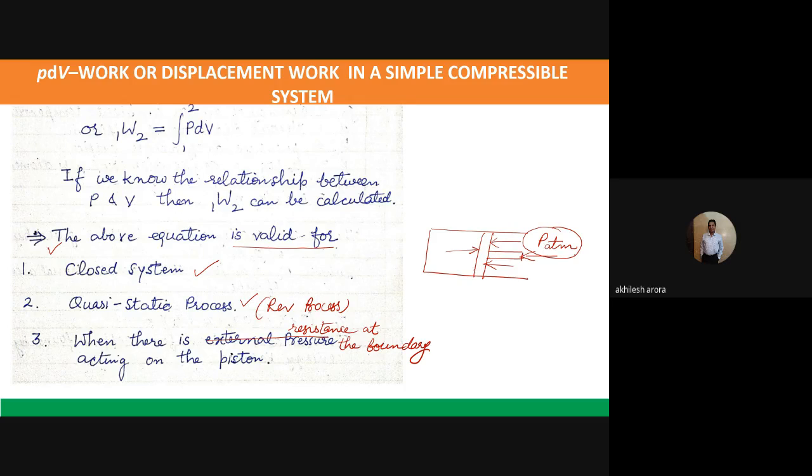Now suppose this resistance is not there. Then what would this process be known as? If there is no resistance, then the gas will expand freely against vacuum, and this process is known as free expansion.